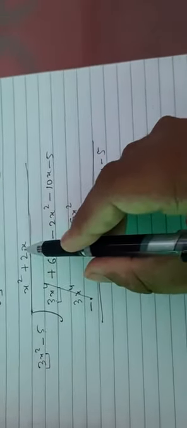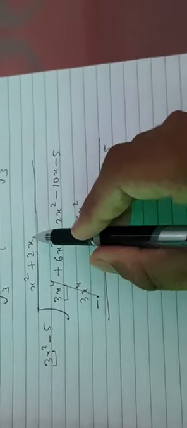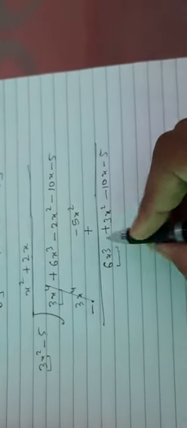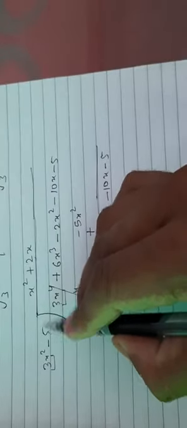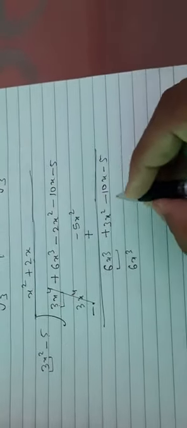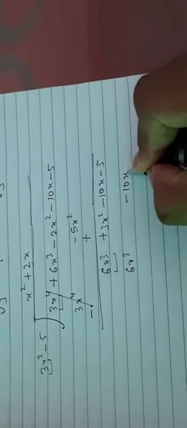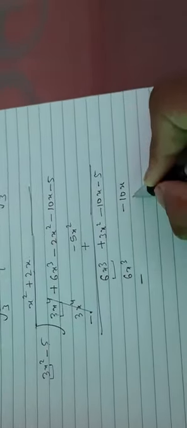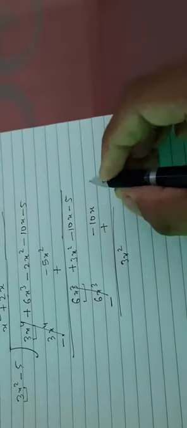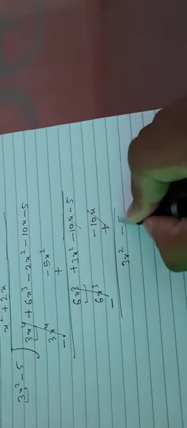So this 2x we multiply by both terms: 2x times 3x square gives 6x cube, and 2x times minus 5 gives minus 10x. We write minus 10x below the minus 10x. Change sign, the first term cancels, and the square term comes down. Now the minus and plus also cancel, only minus 5 remains.